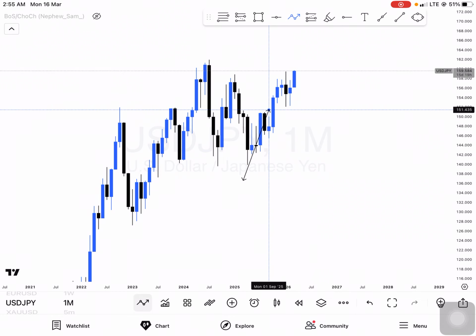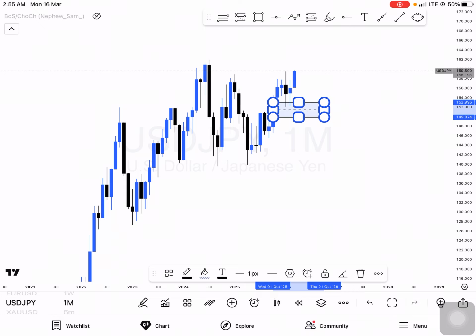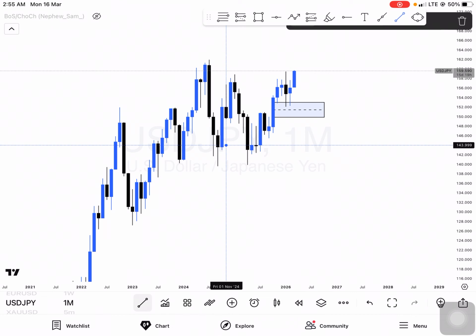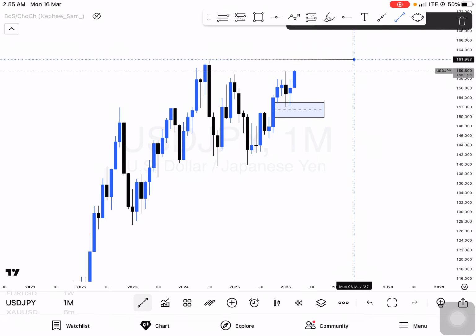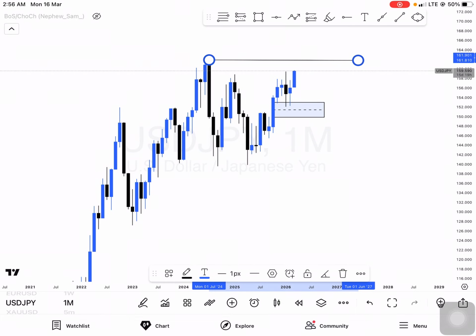So the market came to tap into this fair value gap, and it is now moving back to the upside. The market keeps moving to the upside, trying so hard to target this external high on the monthly time frame. So it means we are still bullish.